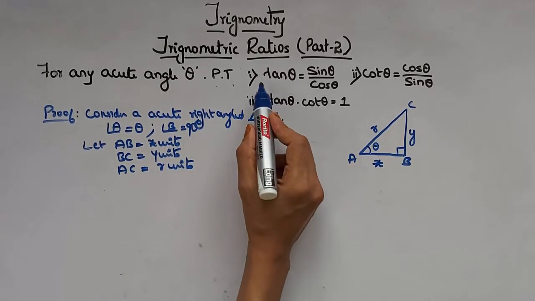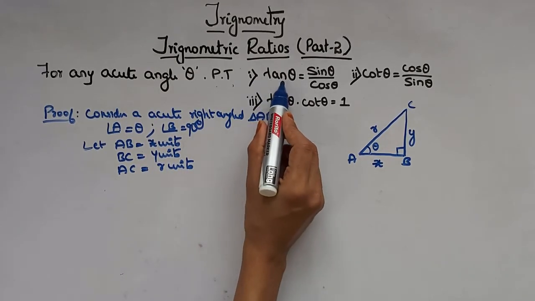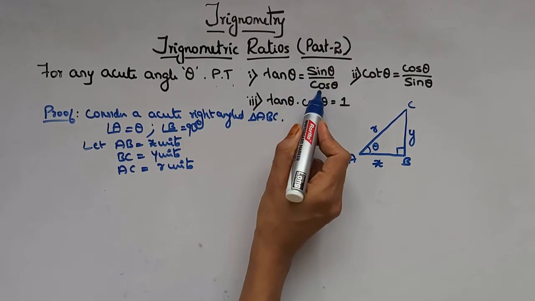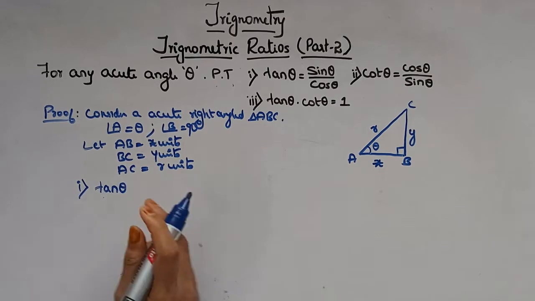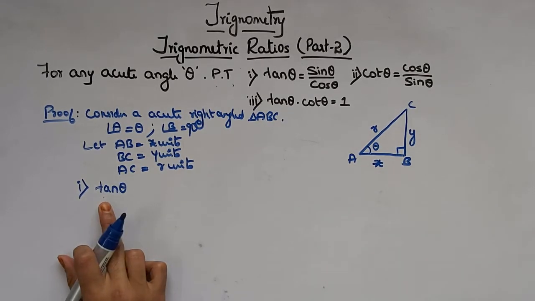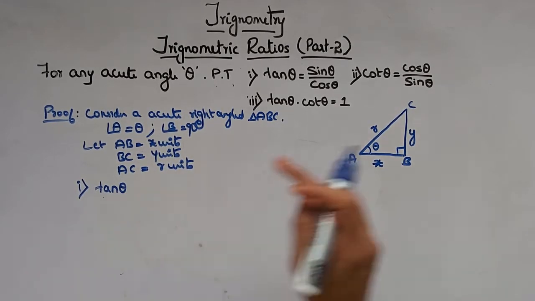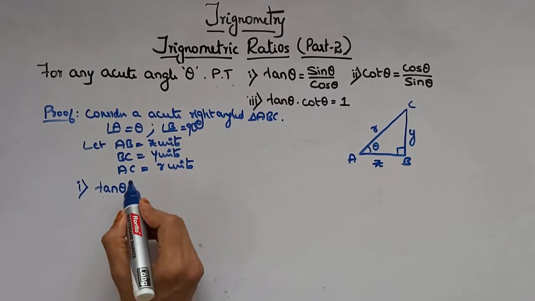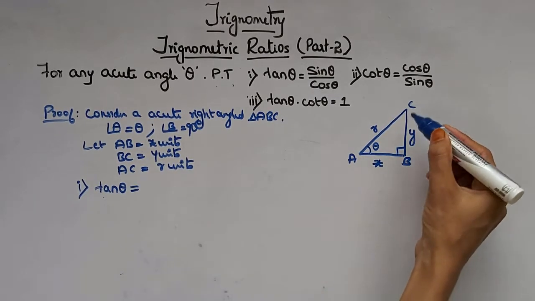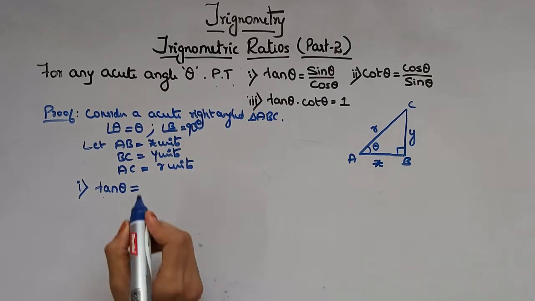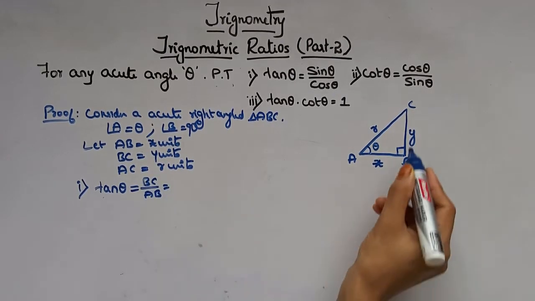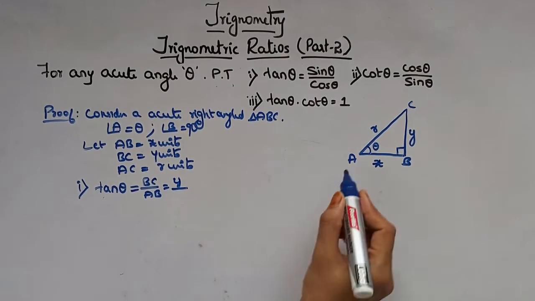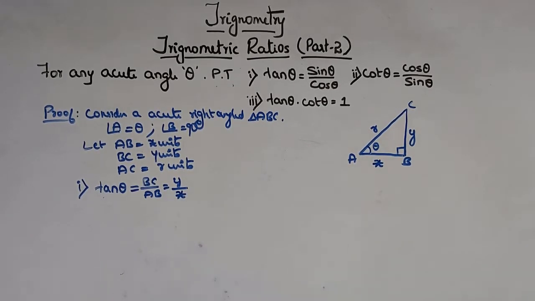So now let's take the first one. Here we have to prove tan theta is equal to sin theta by cos theta, right? So in the diagram, what is tan theta? Tan theta, we know, is opposite by adjacent, so tan theta in this diagram is BC by AB. Here BC is y and AB is x, right?